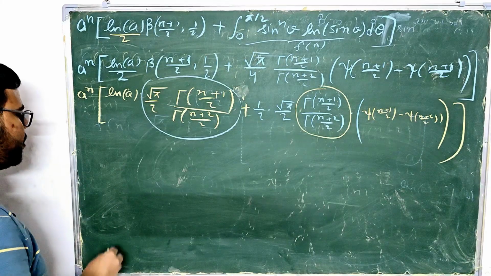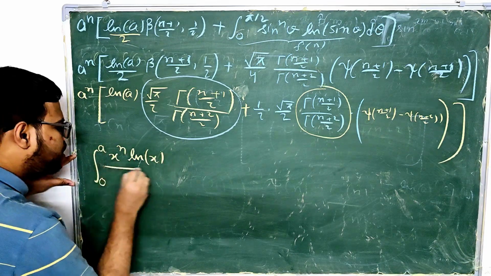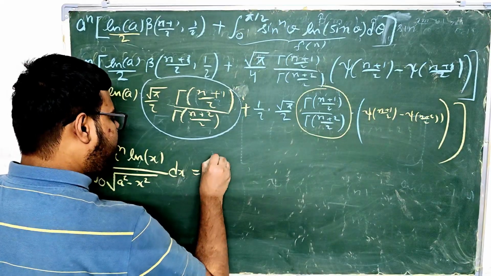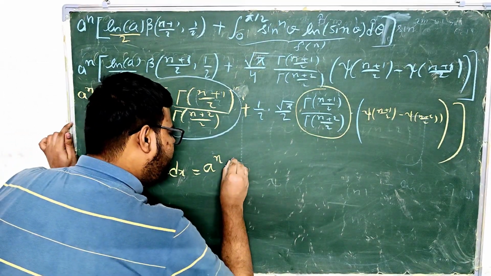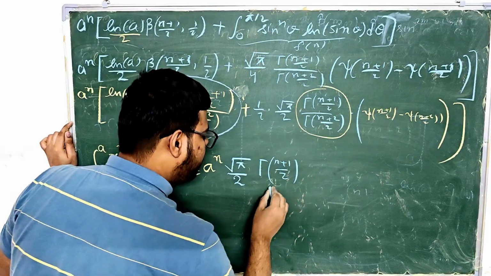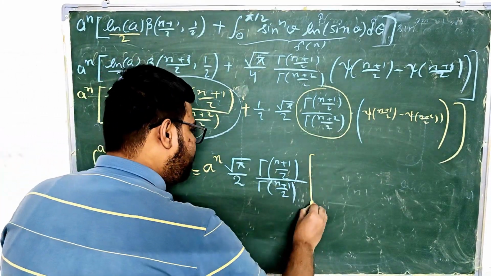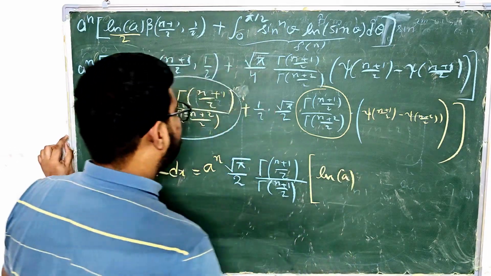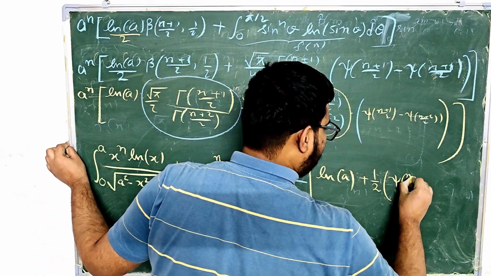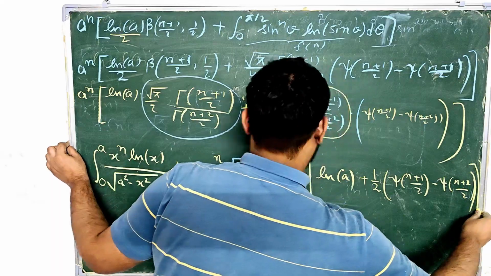So the final result is integral from 0 to a x raised to the power n natural log of x divided by square root of a square minus x square dx is equal to the quantity a raised to the power n times the quantity square root of pi by 2 gamma at n plus 1 by 2 divided by gamma at n plus 2 by 2 times natural log of a plus 1 by 2 times the digamma function at n plus 1 by 2 minus digamma at n plus 2 by 2, and that's the answer.